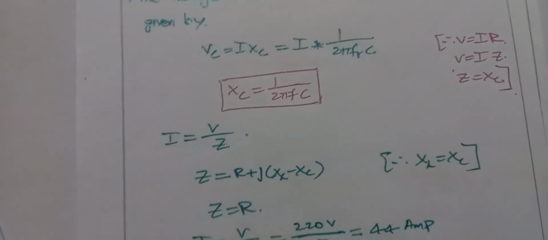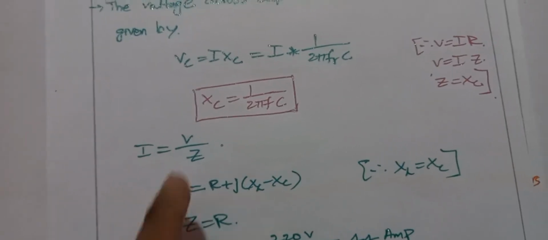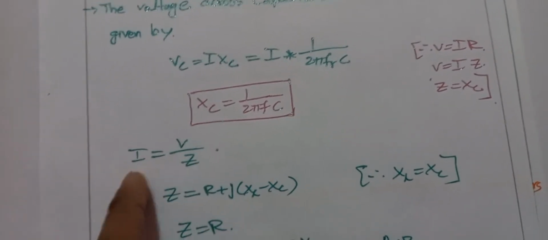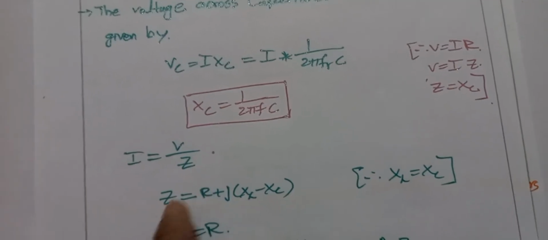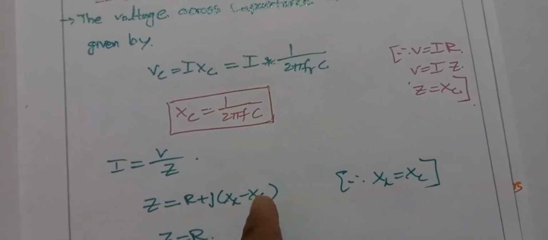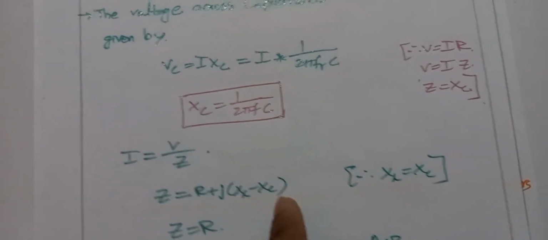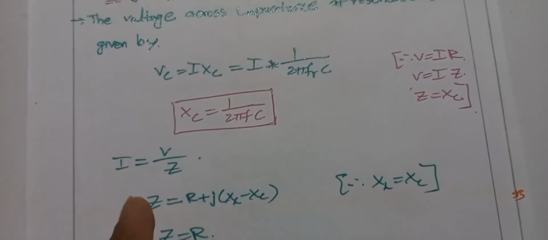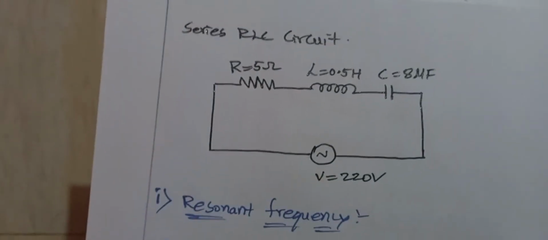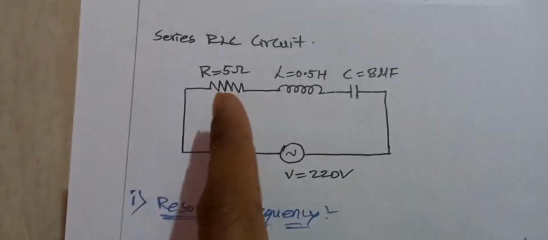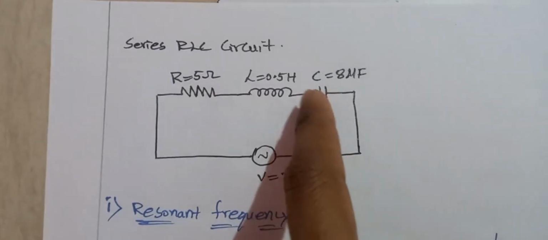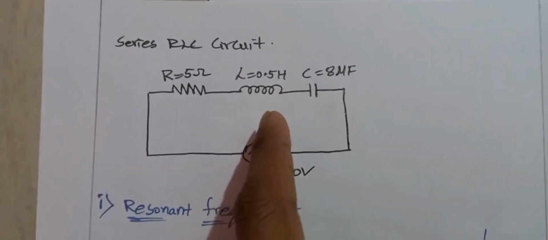Here we already know that current I equal to V by R, and we can replace it with the impedance value: I equal to V by Z. So Z equal to R plus j into XL minus XC. Already we know this formula, the impedance for both inductance and capacitive case. This is an RLC series circuit, isn't it? So resistance plus inductive reactance minus capacitive reactance.